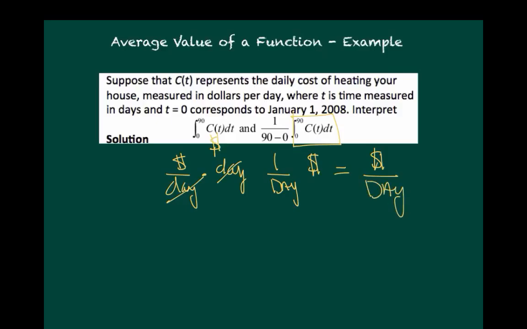Well, that's an average. So while the first integral represents the total cost to heat the house for the first 90 days, the second one represents the average cost per day. And that is the difference between the two expressions.